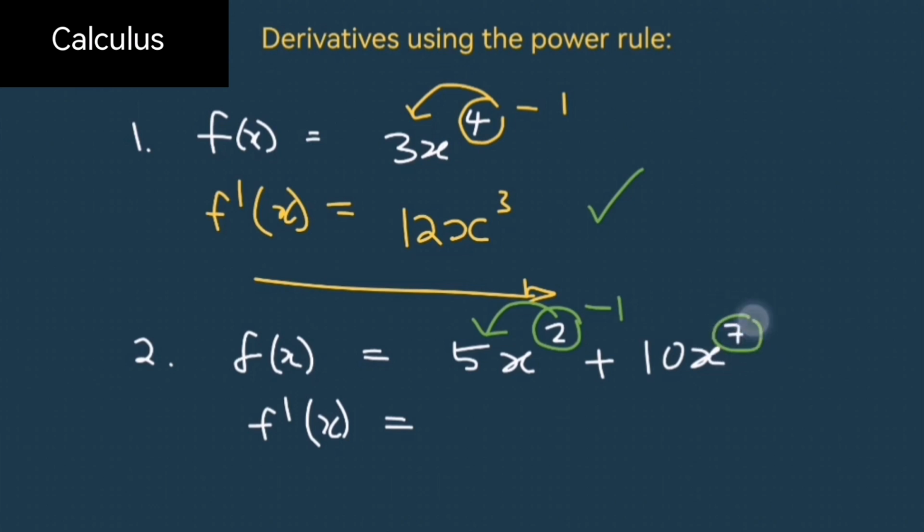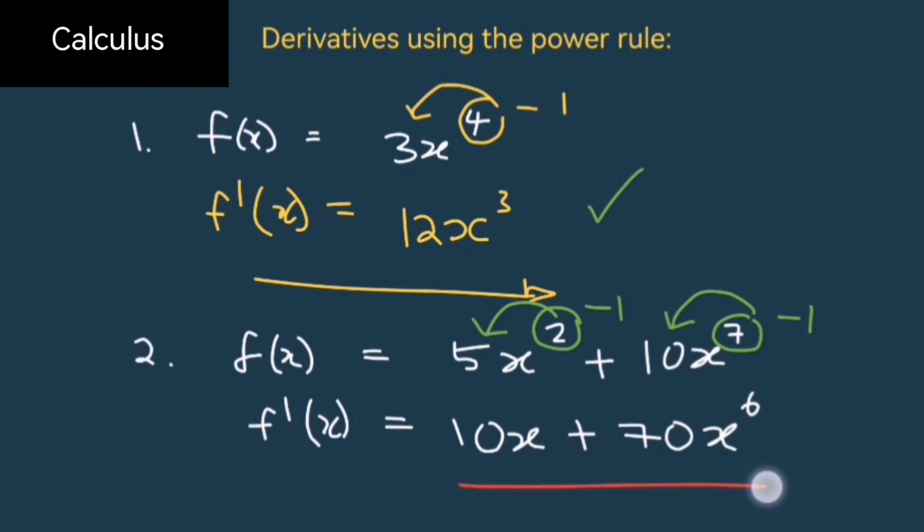Do the same thing for the other term. Exponent, multiplied in front, and decrease by 1. So 5 times 2 is 10, and 2 minus 1 is 1. Now to add the derivative of the second term, 7 times 10 is 70, and 7 minus 1 is 6. So we have 70x to the power of 6, and that's your answer.